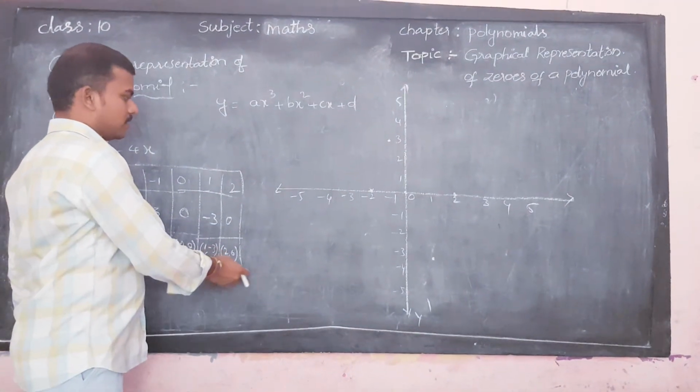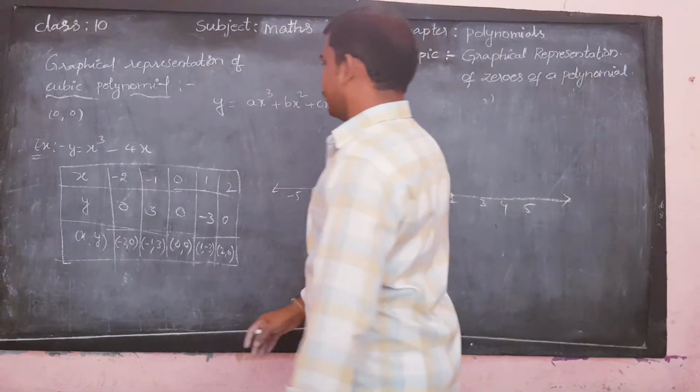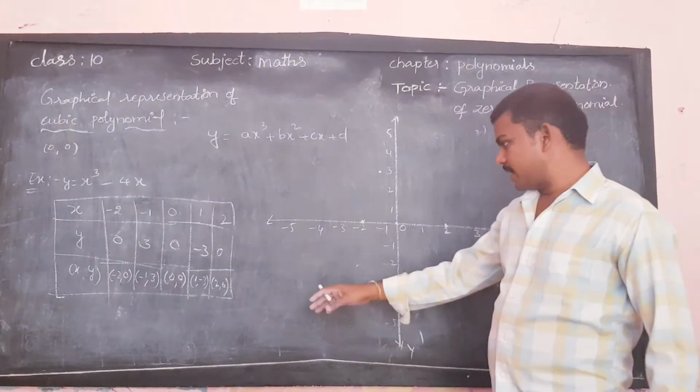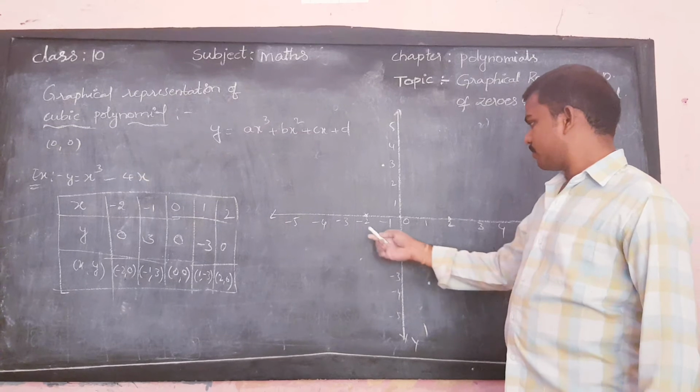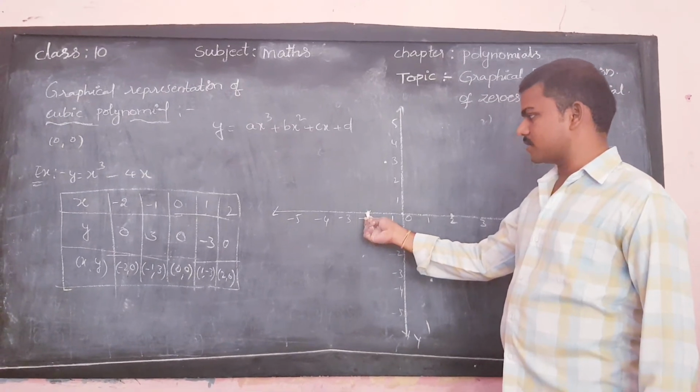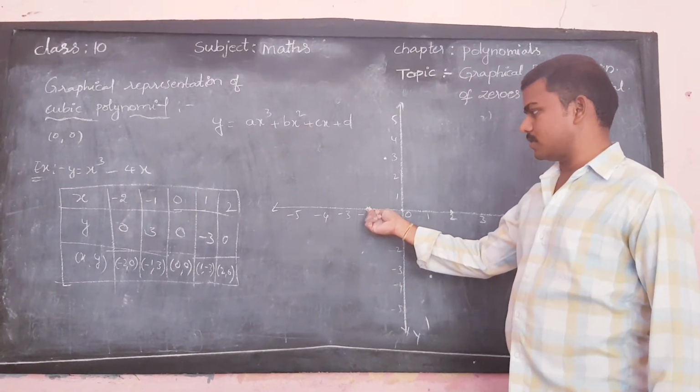Take the points to draw the graph of the cubic polynomial. The first point is minus 2 comma 0: minus 2 is the x coordinate and the y coordinate is 0.